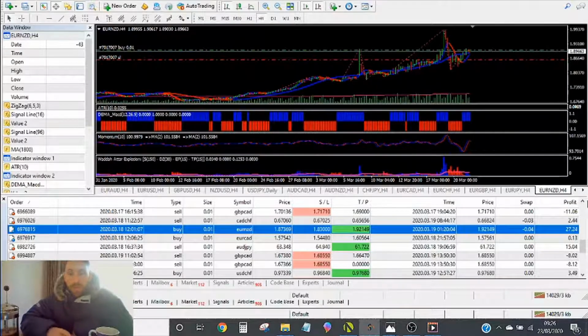The only thing that you can do is manage your risk effectively. So my account is down 0.5%. Hopefully that's going to be the peak of the drawdown, and this week we should be making a nice recovery to the upside.